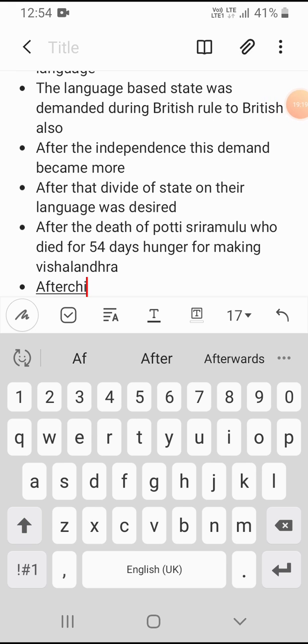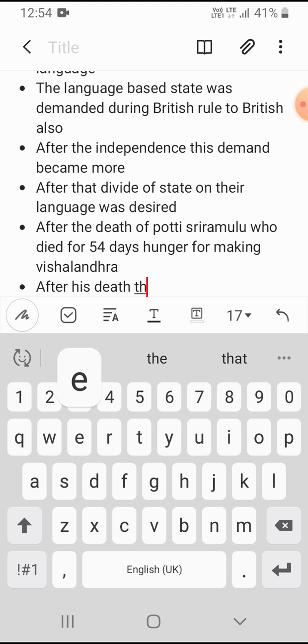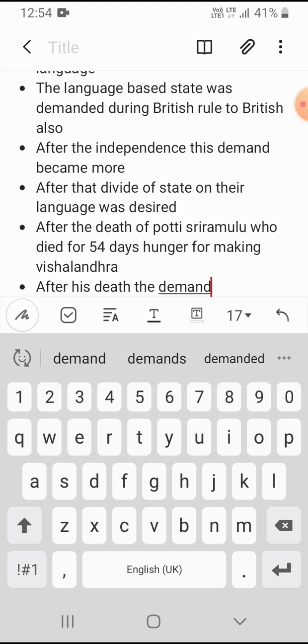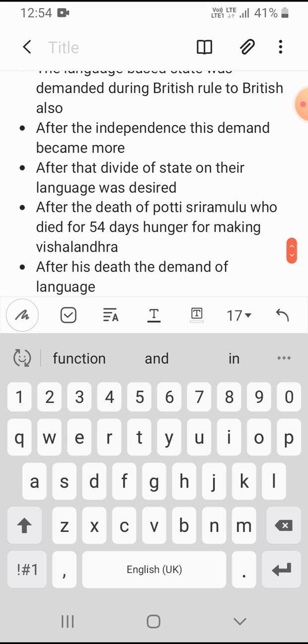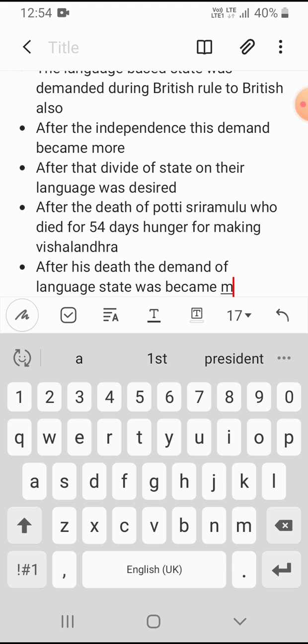After his death, the demand for language states grew more.